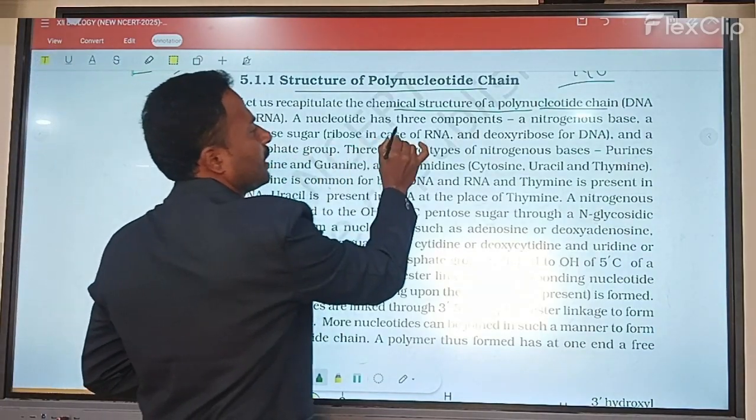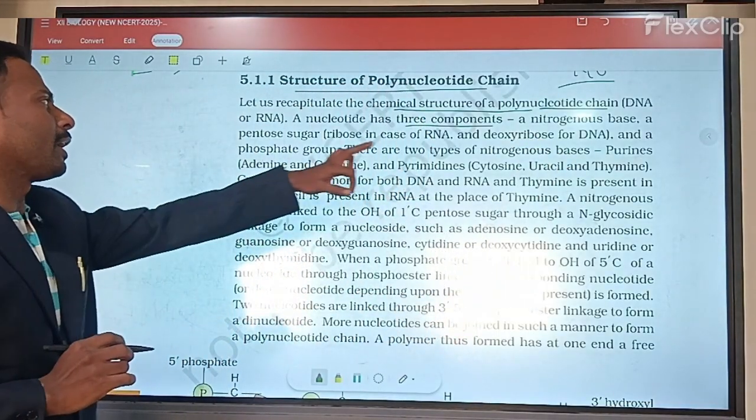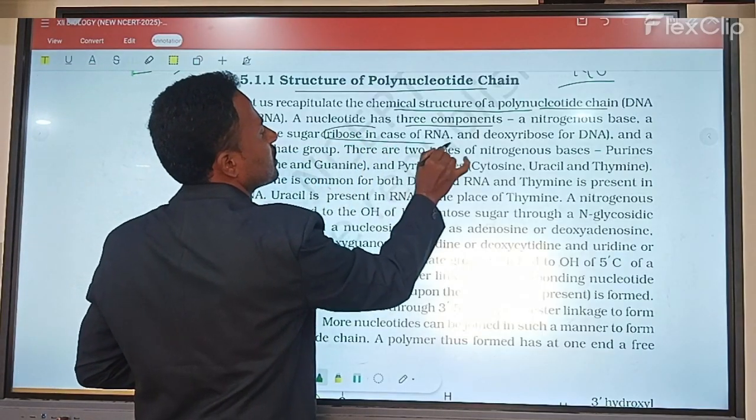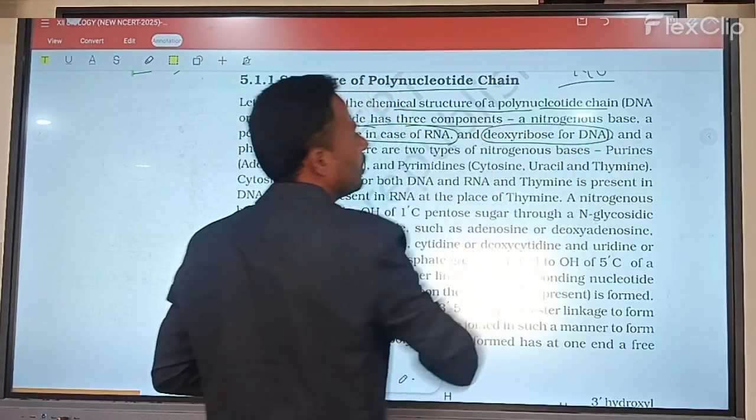A nucleotide has three components: a nitrogen base, a pentose sugar, and a phosphate. The pentose sugar is ribose in RNA and deoxyribose in DNA.